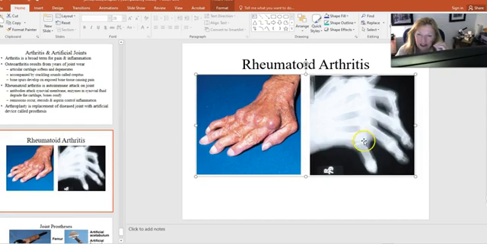Fusing them keeps any movement from happening, which is hopefully keeping the inflammation at a more manageable level. So ankylosing arthritis is what you're seeing here. This can happen in any joint, in the vertebral column between vertebrae. It can happen in any type of joint.